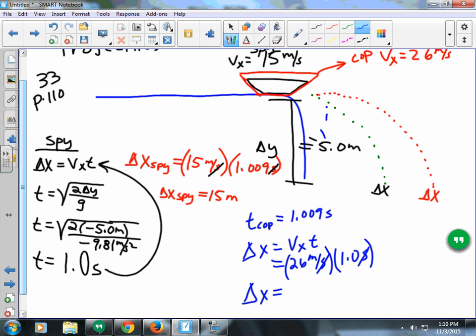The other thing I'm confused about is that why is it 5 meters? The acceleration doesn't make sense to me for some reason, because it's 9.81 meters per second squared and it's negative 5 meters. So shouldn't it be in the air less time? Oh, I see what you're saying.